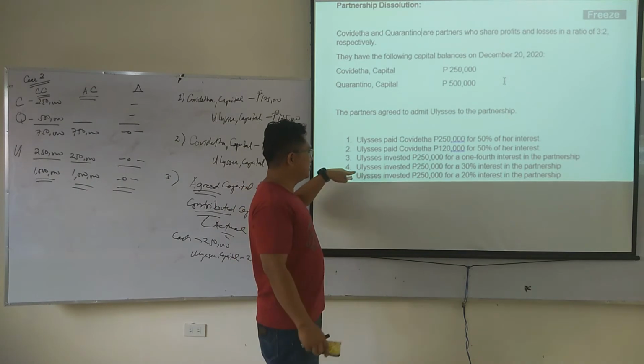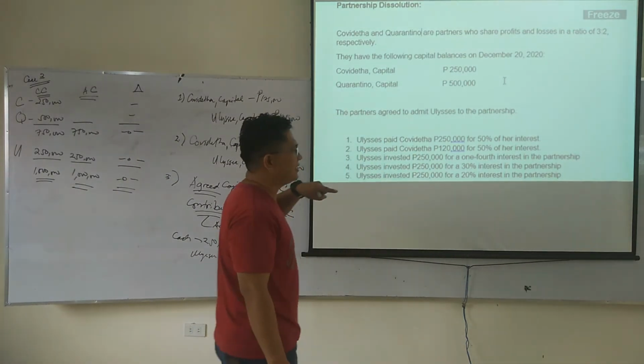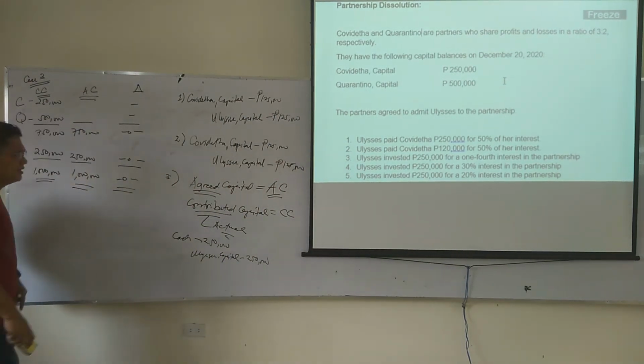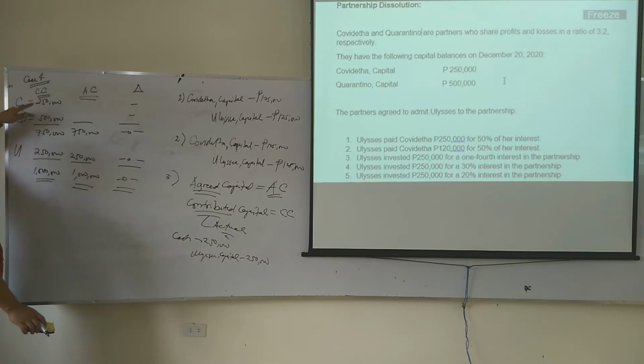Case 4, Ulysses invested 250,000 for a 30% interest. Okay, let's erase our answer here. This is now case 4. Again, the contributed capital is given in the problem, 250 and 500.